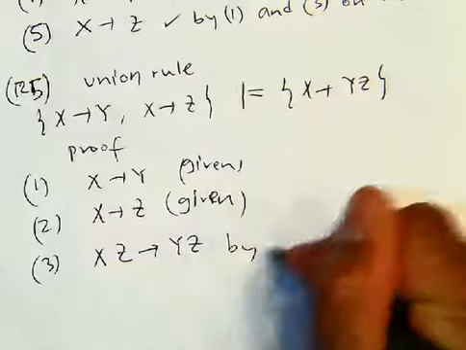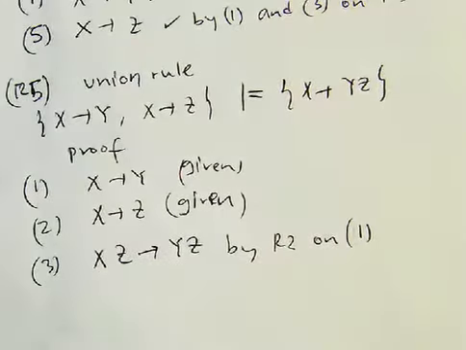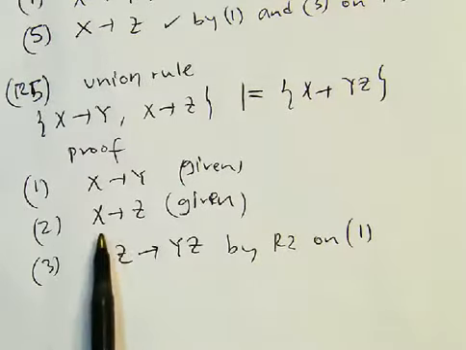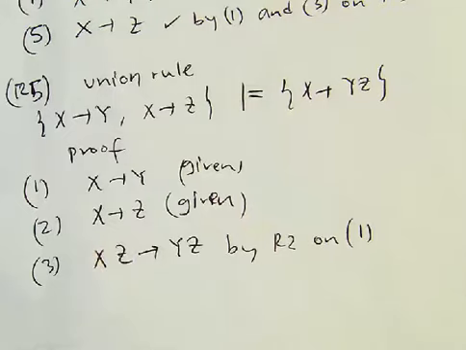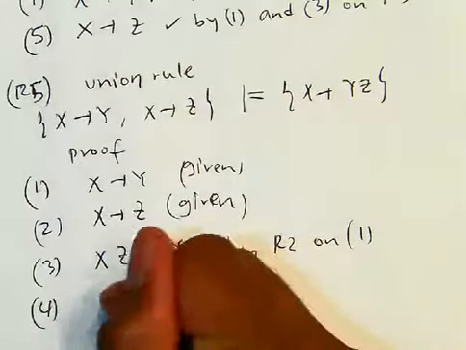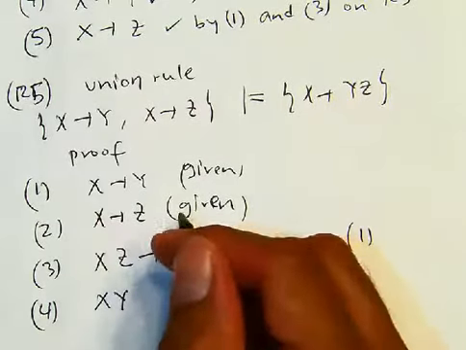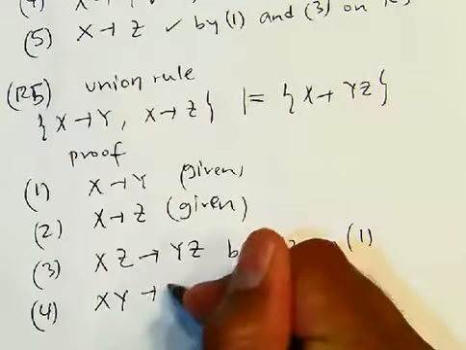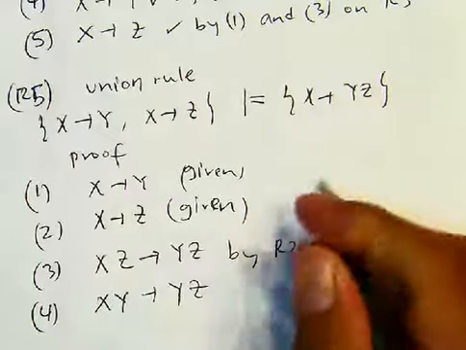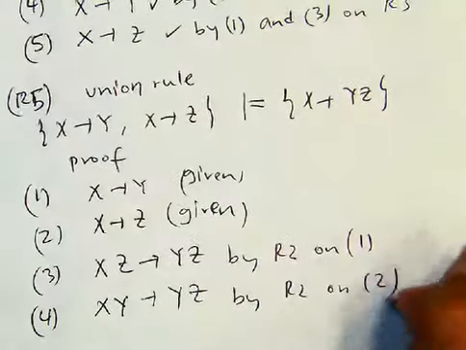So this is by rule 2 on 1, right? I'm adding the Z to those two sides. And then I can do the same with XY implies YZ. So I'm doing rule 2 on 2.